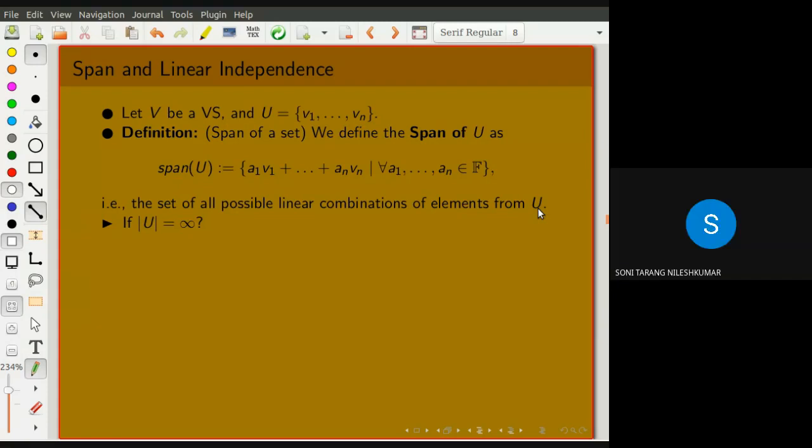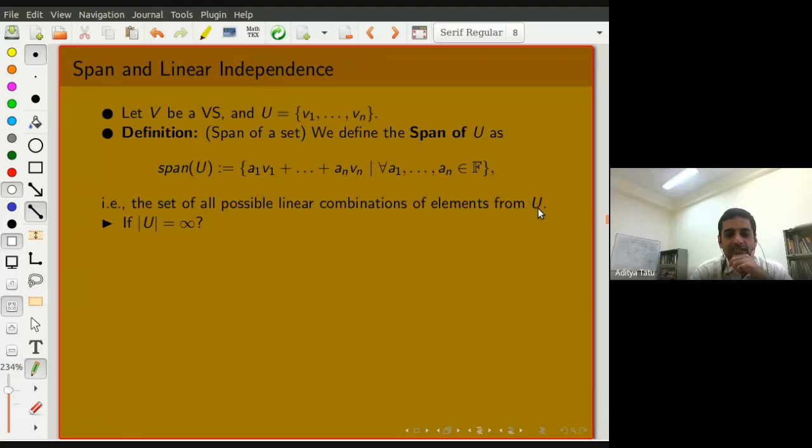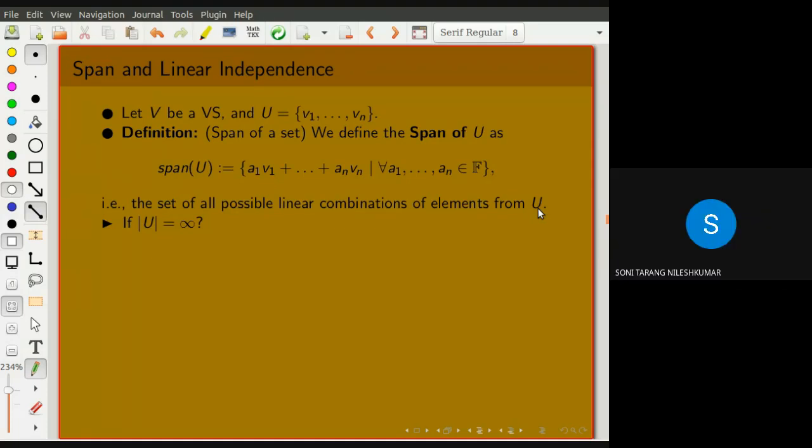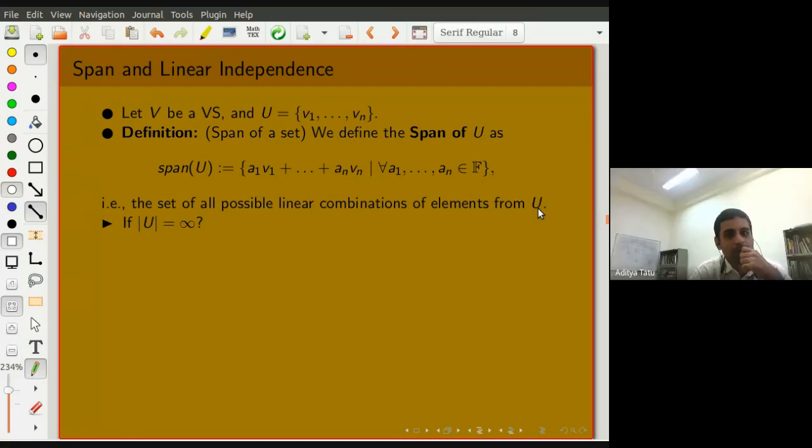So, why will there be a problem if the cardinality is infinite? We can define it as the linear combination of all the points. All points. How do I define that? Let's say there is V1 to Vk, and just assume a slightly simple case where k is an integer.